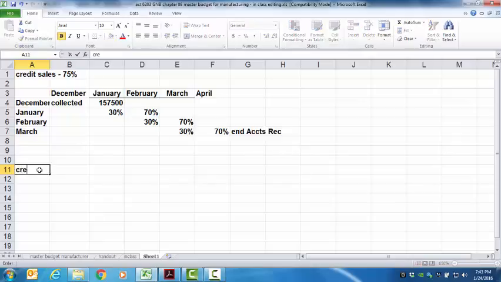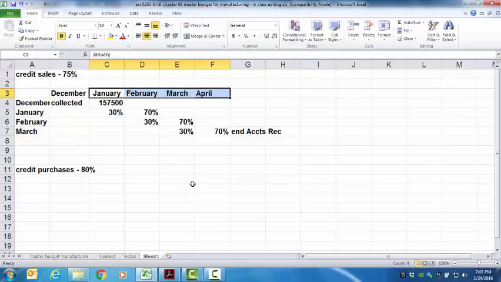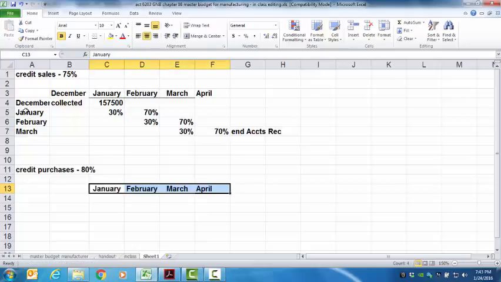Let's do the credit purchases. And remember that these were represented 80%. So I'm going to use a similar setup like we did up here. January, February, and I guess I'll go ahead and put April on there with March. And then of course I can do these over here.